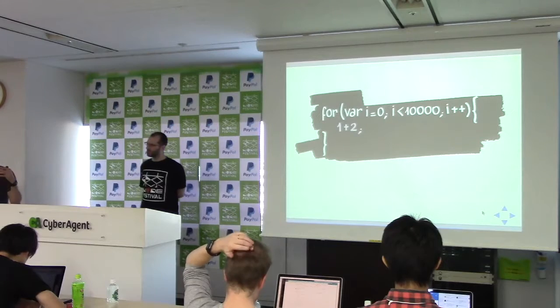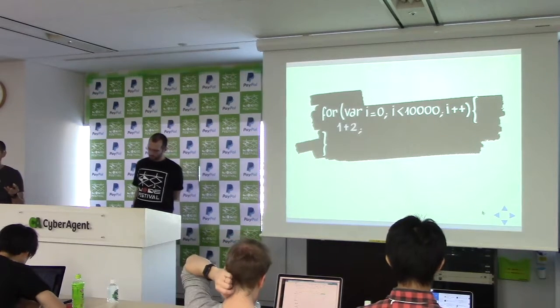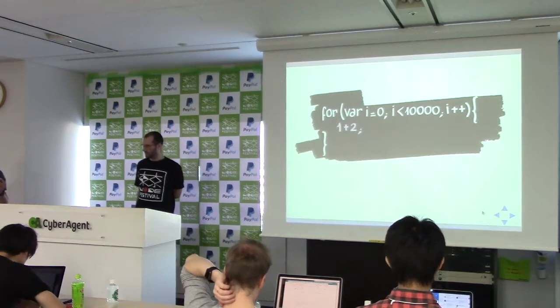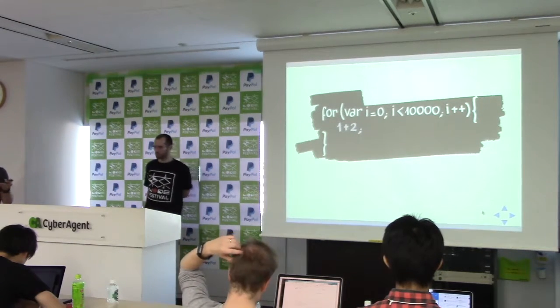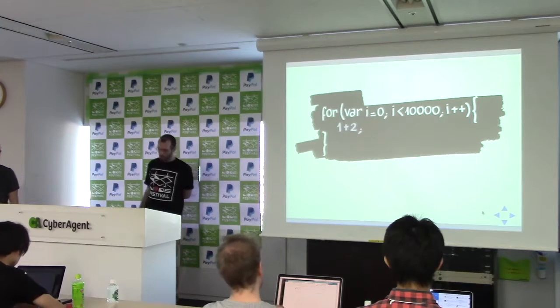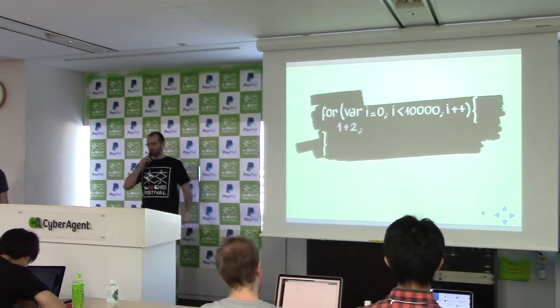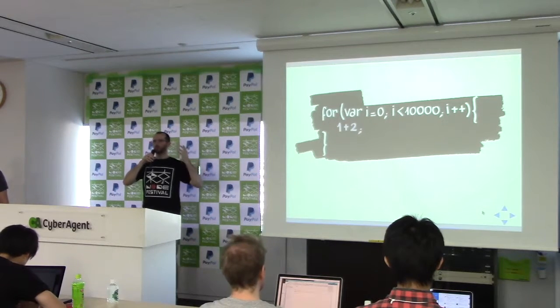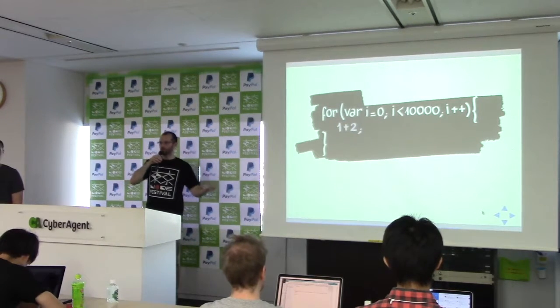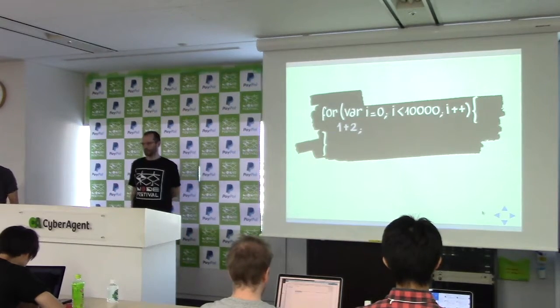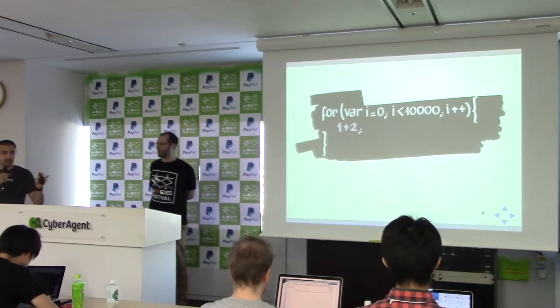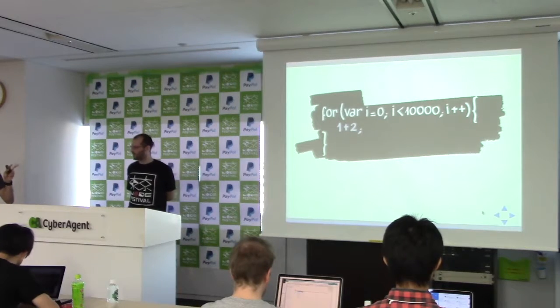So, another optimization could be, imagine you have an expression, any expression you want. As long as it doesn't have any side effect, it could just be deleted without doing anything at all. Now, this is not strictly related to for loops.